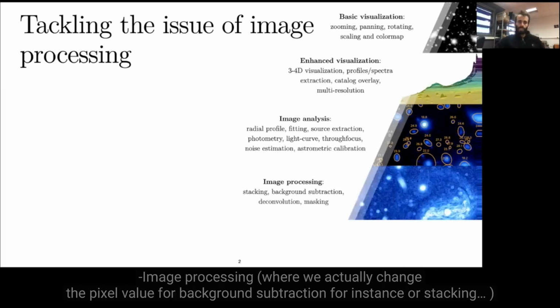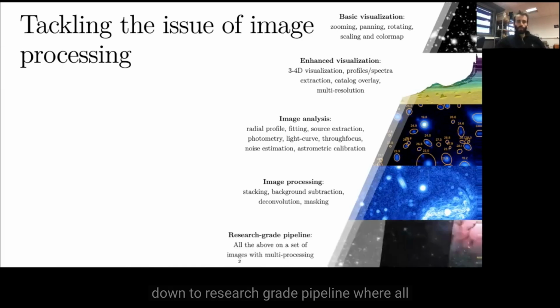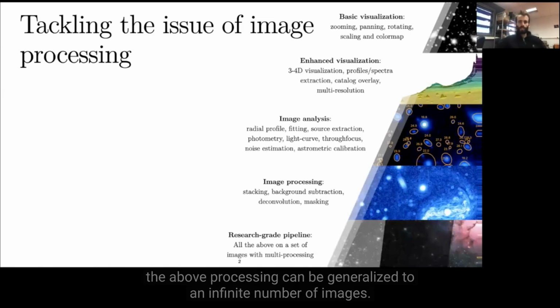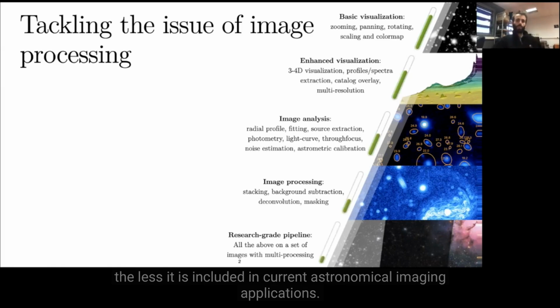And then image processing, where we actually change the pixel values for background subtraction, stacking, or other things, and down to research-grade pipelines, where all the above processing can be generalized to an infinite number of images. And of course, as you can imagine, the deeper we go in this processing, the less it is included in current astronomical imaging applications.